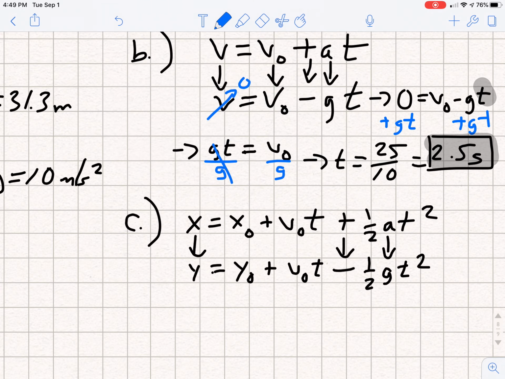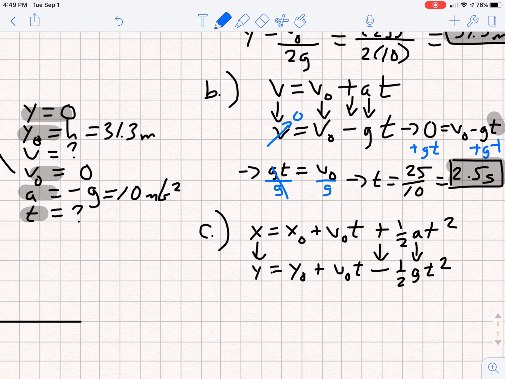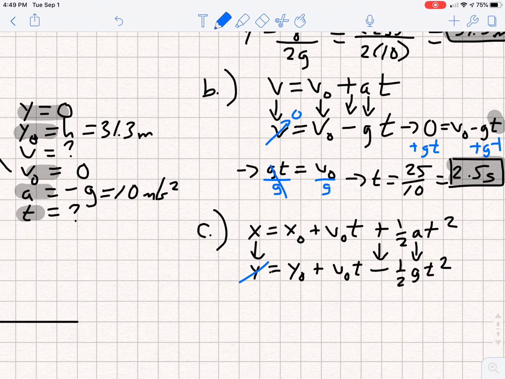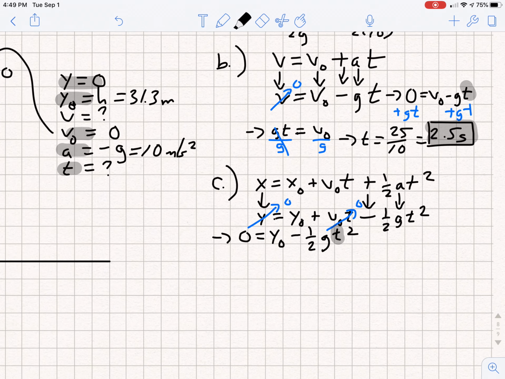Cancel everything you can. Y is 0 at the bottom when it hits. V naught is 0, so v naught t, the middle term, is 0. And if we rewrite this, we get 0 equals y naught minus 1/2 g t squared. And we're solving this for time.